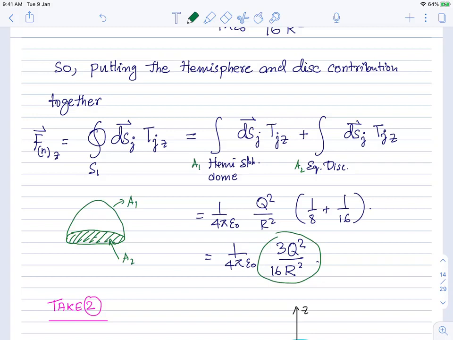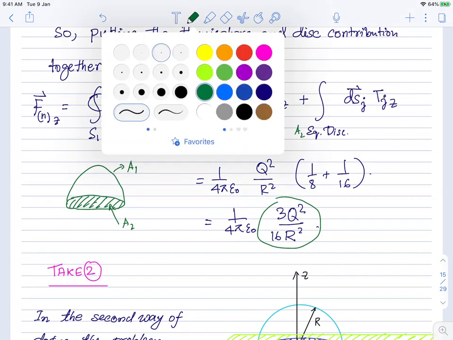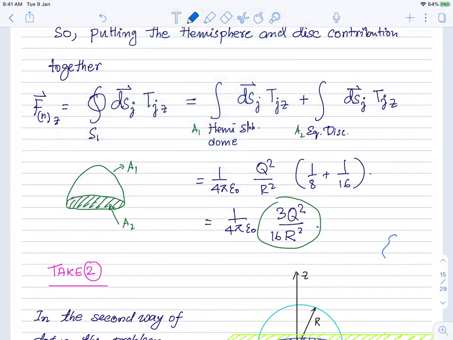For instance, if there's some configuration, this spherical configuration, this is the problem that we have. You could have chosen a surface like this.